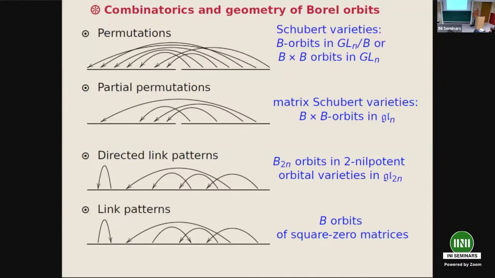And finally, here is the remark that this is upper triangular. You can forget about upper triangularity, and you have just linking patterns, matrices that are whatever.